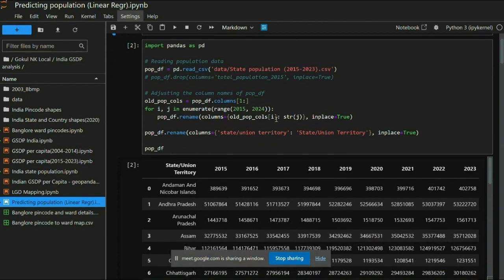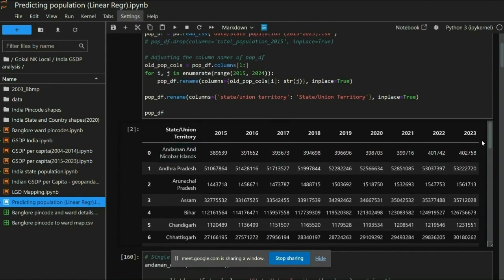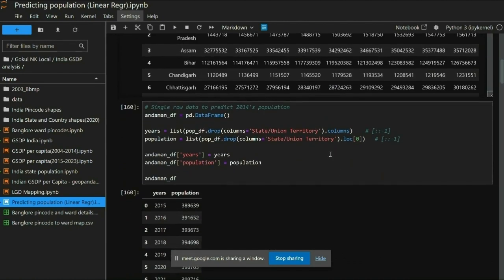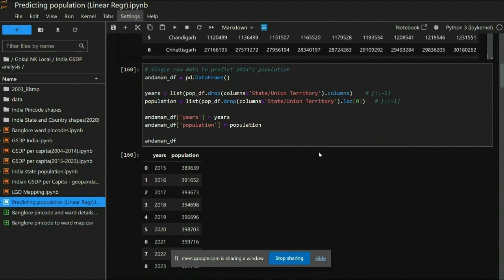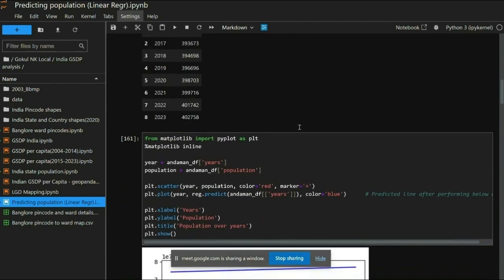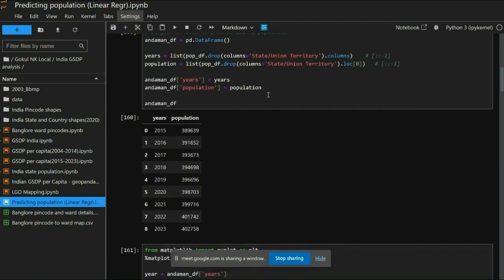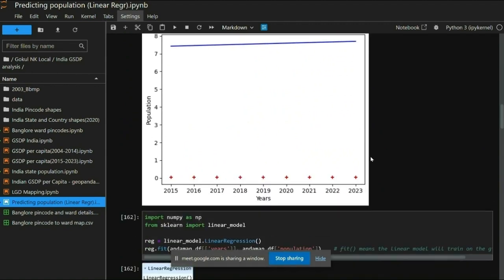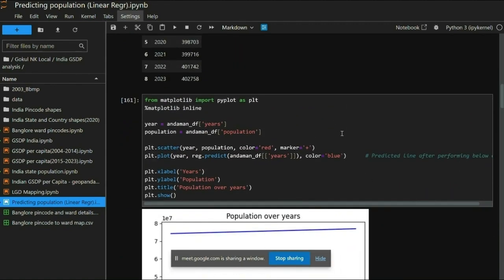So here we are taking in the population that we just predicted in the previous file, taking only the Andaman state here, sorry, Union Territory. Selecting the first row and converting it into a column for analysis.